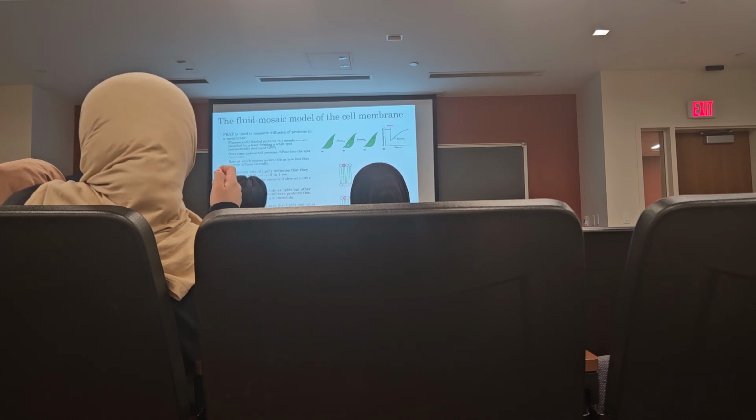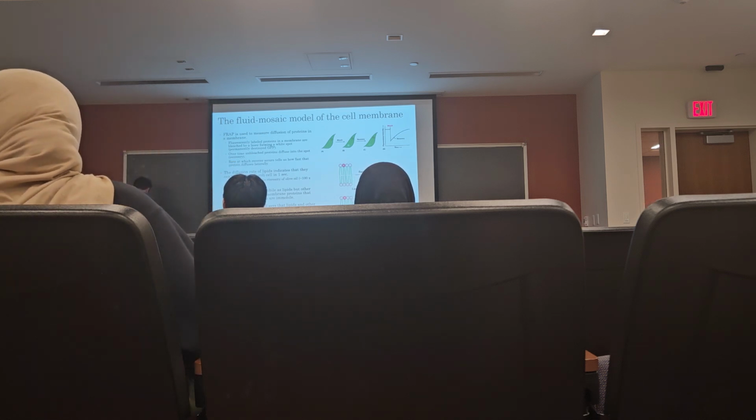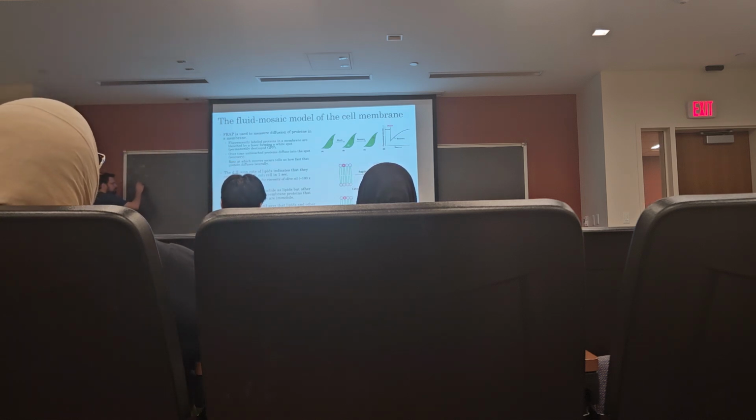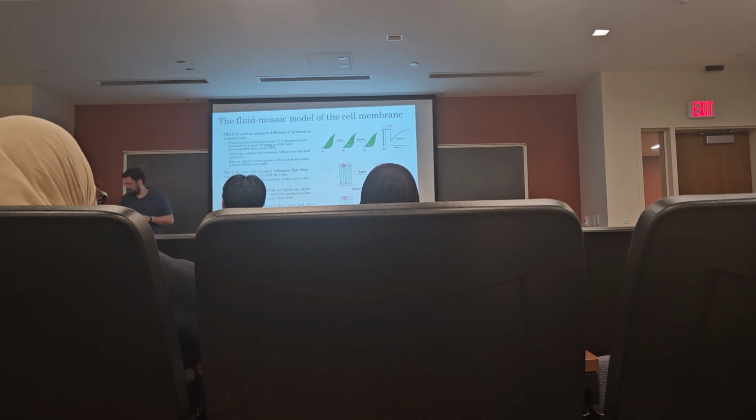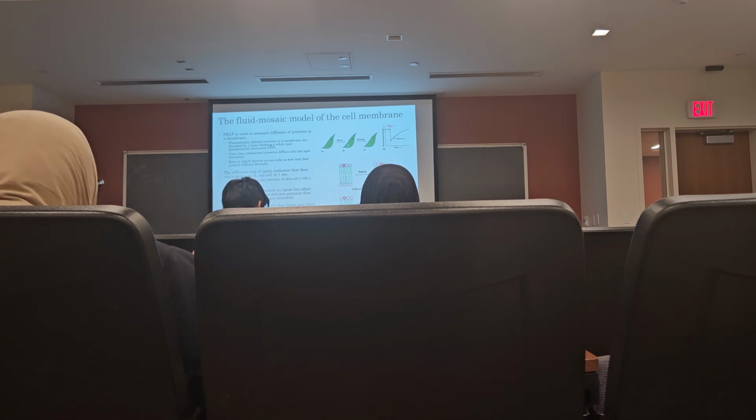And we can say that the average distance moved, s, by a protein in the plane of the membrane is equal to the square root of 4Dt, where t is time, D is the diffusion coefficient, and s, again, is the average distance traversed.